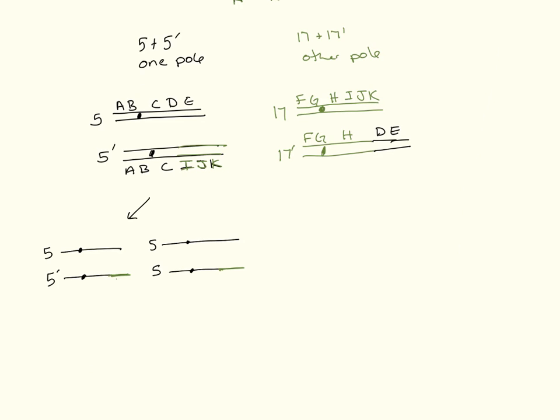You're going to end up with, from the other one, another daughter cell that has 17 and 17 prime.